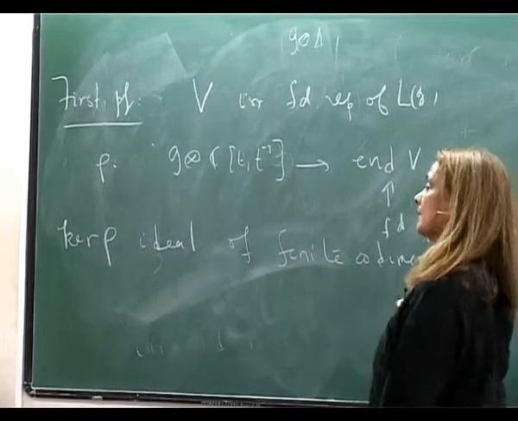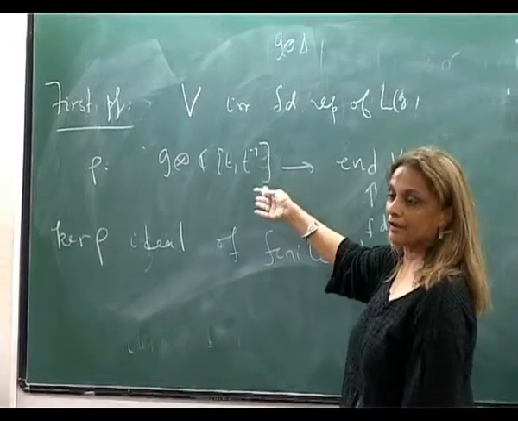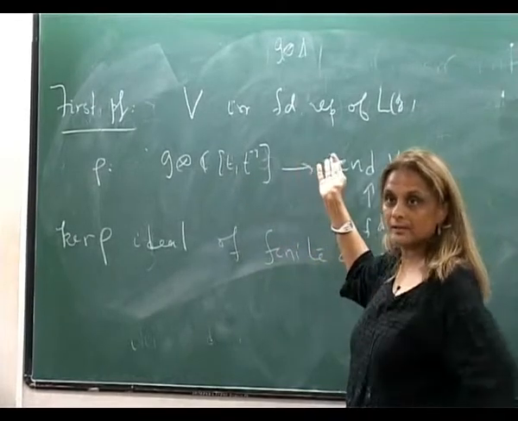So then what is the next thing you would do? You would want to understand what ideals of finite codimension are in this Lie algebra, to be able to use it in any sensible way.